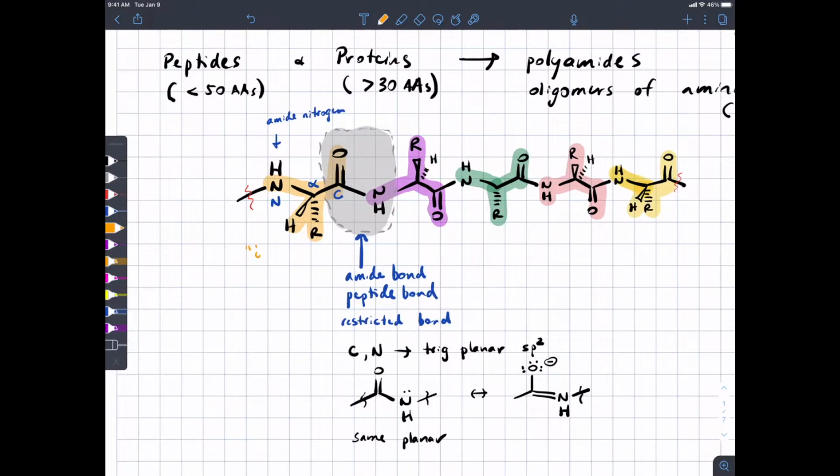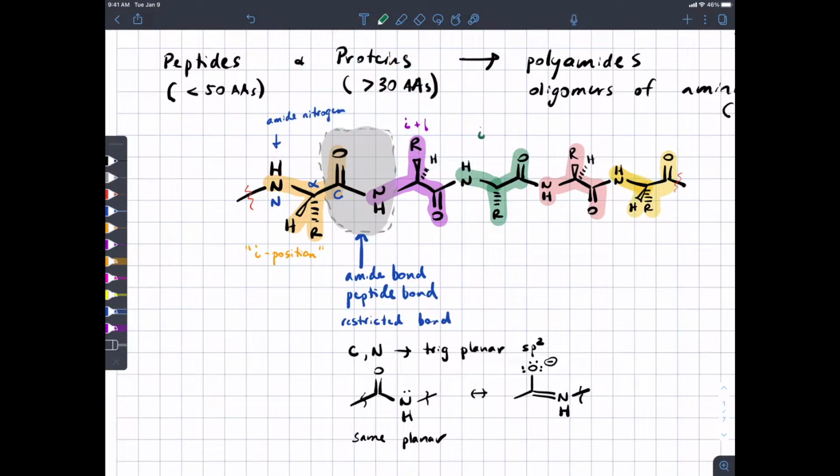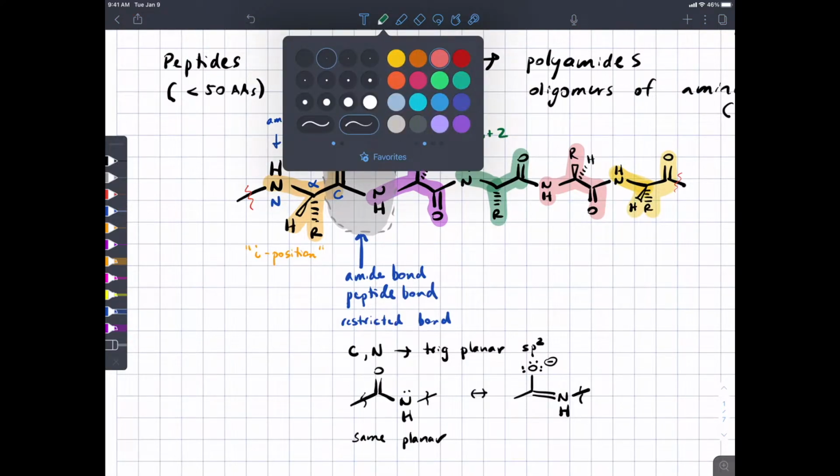So you choose any amino acid that you want as your reference point, and you call it the I position. And then this one is I plus 1. And then the next one is I plus 2. And if you can count, you're good at this point. You already sort of know where we're going.